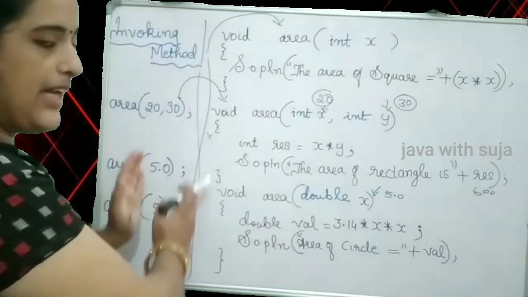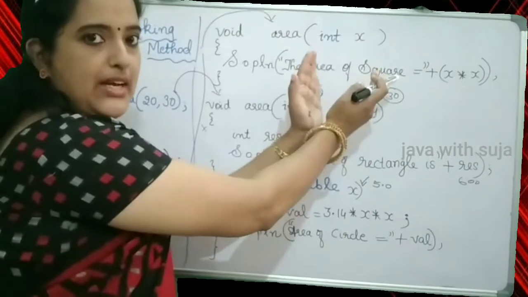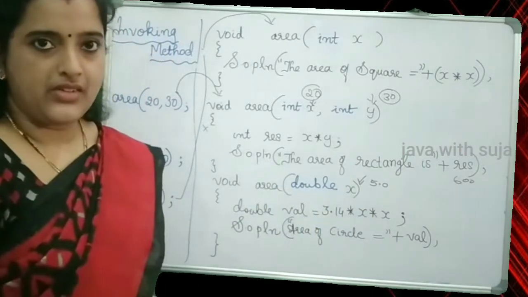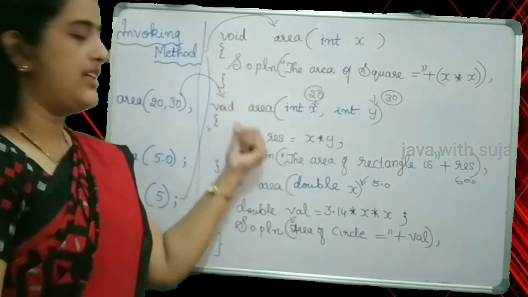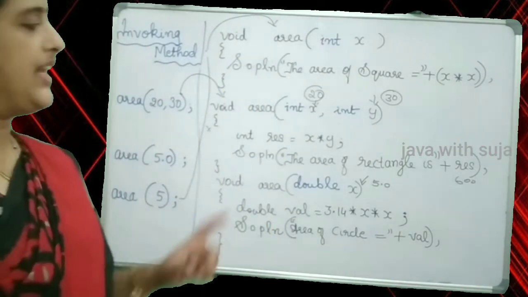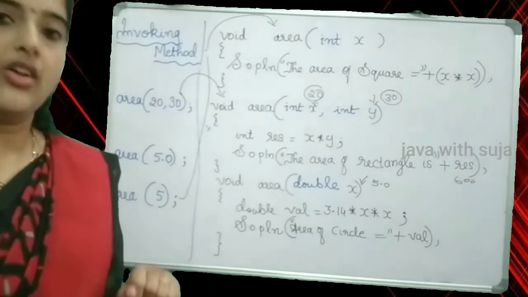So actual parameters are the original values which will be temporarily given to formal parameters. I repeat once again: formal parameters are the parameters present in the method definition, whereas actual parameters are the parameters present in the method invocation or method call.